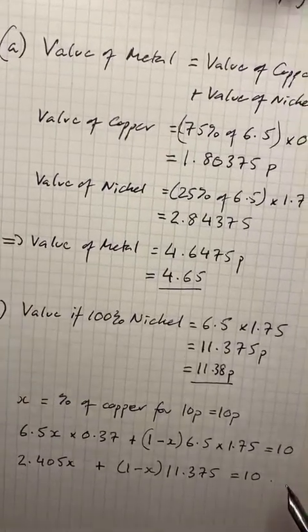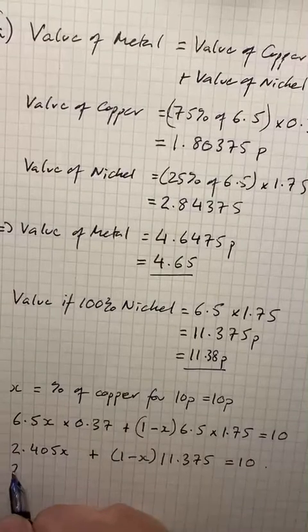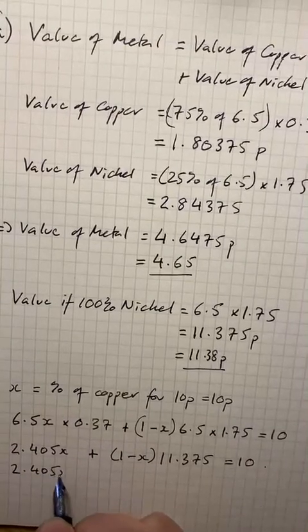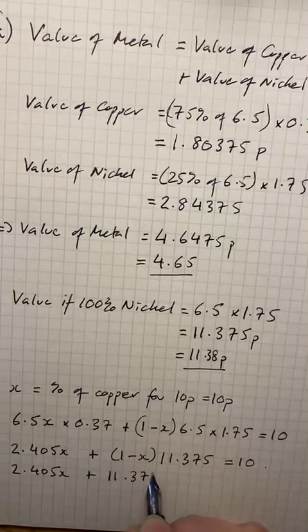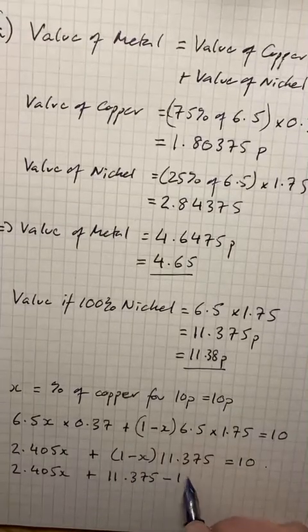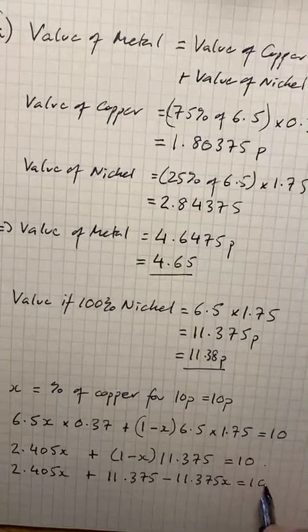Okay. Let's multiply out those brackets. You've got 2.405x plus 11.375 minus 11.375x equals 10.